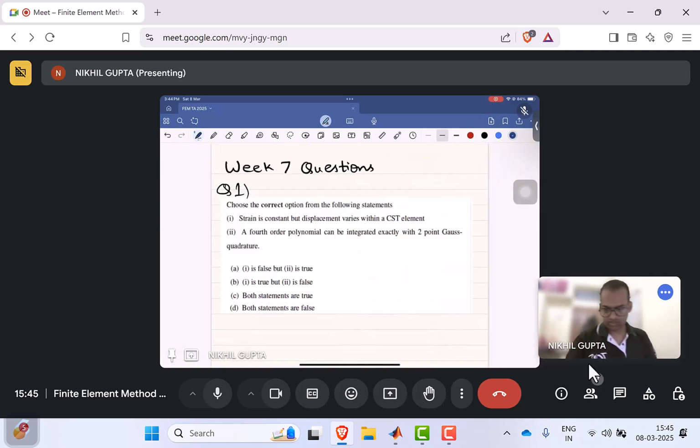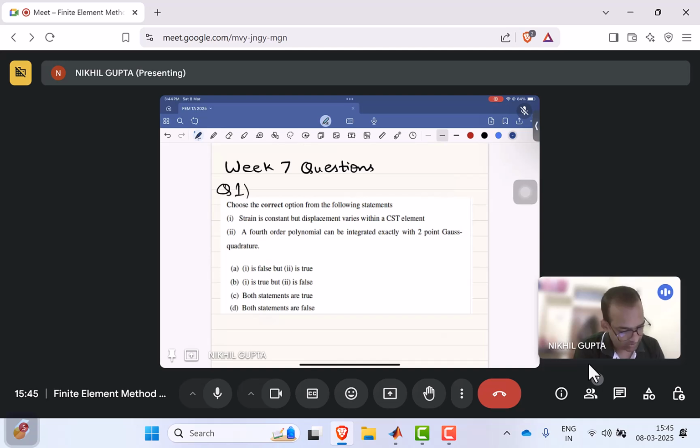Okay. So now let's start with the week 7 questions. This time they have covered the 2D, I think. So let's start with the problem. The question says, choose the correct option for the following statement.